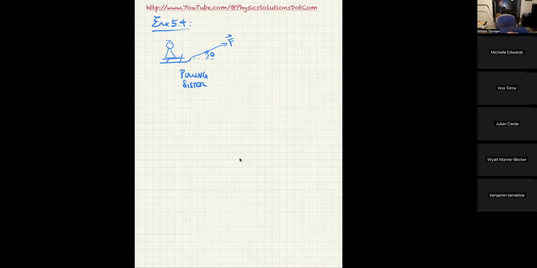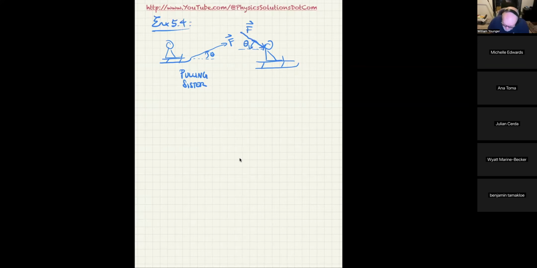If you're pushing the sister, then what happens is you are pushing down now with an angle theta, and this is the force F again, but it still has the same angle theta.